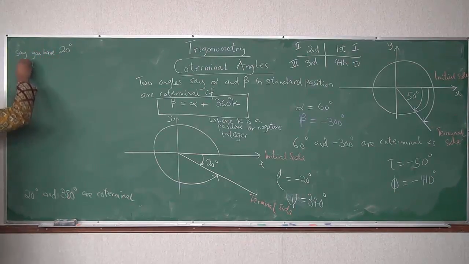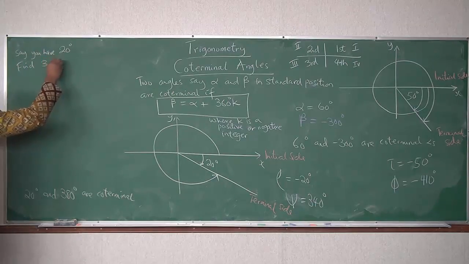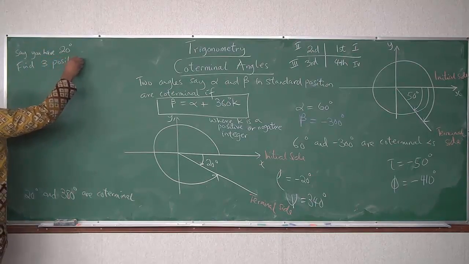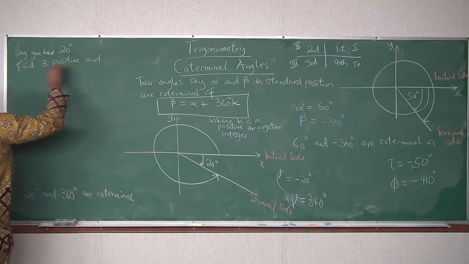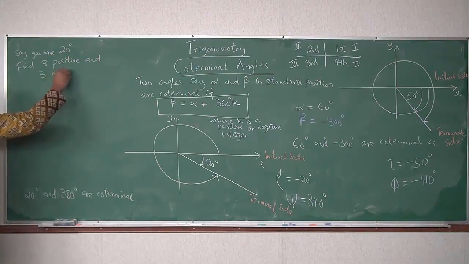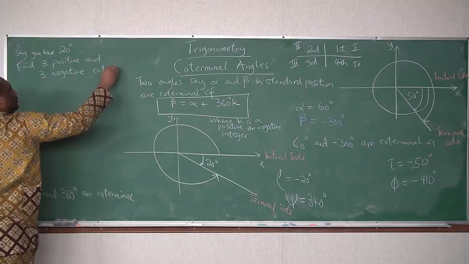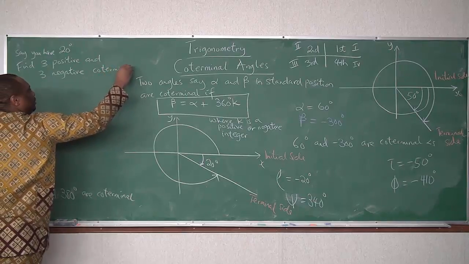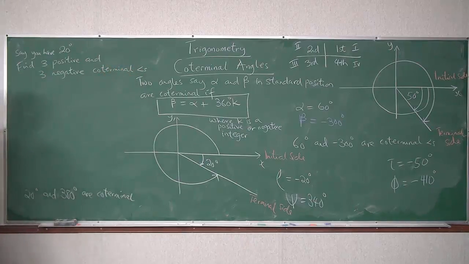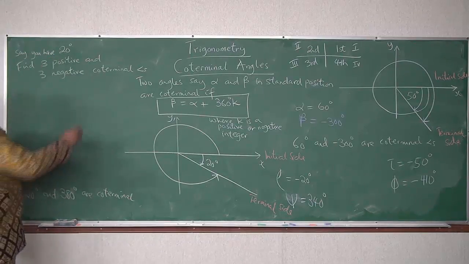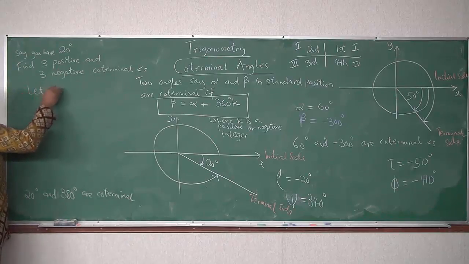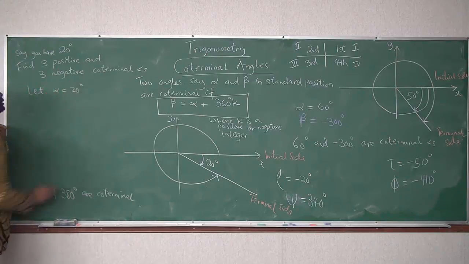Find 3 positive and 3 negative coterminal angles. So if you have the 20 degrees, all you need to do is let alpha be 20 degrees.